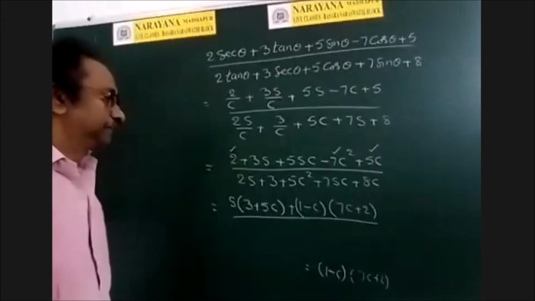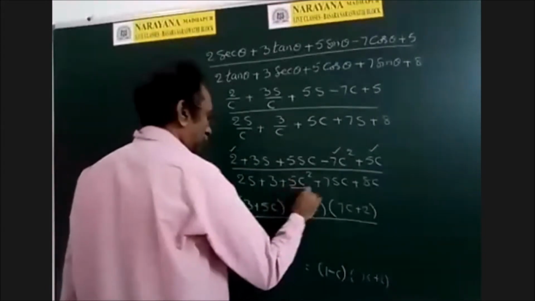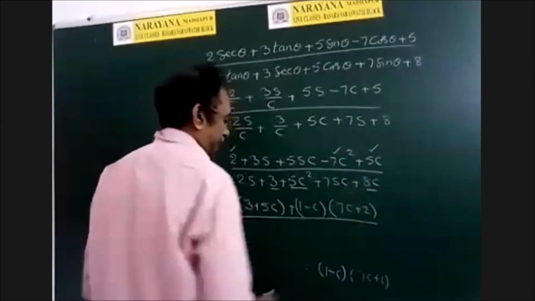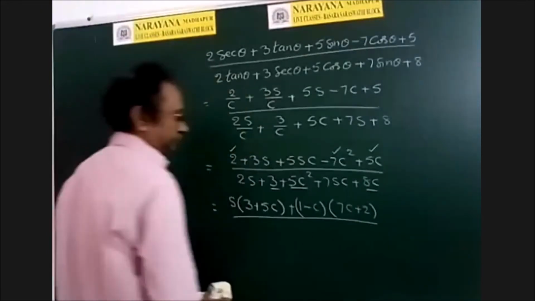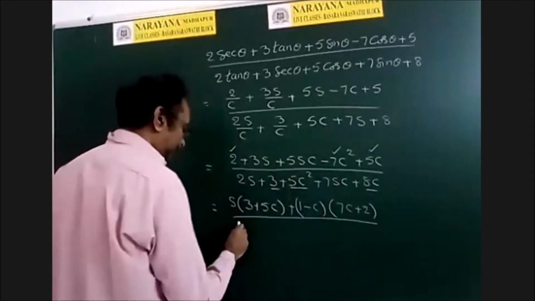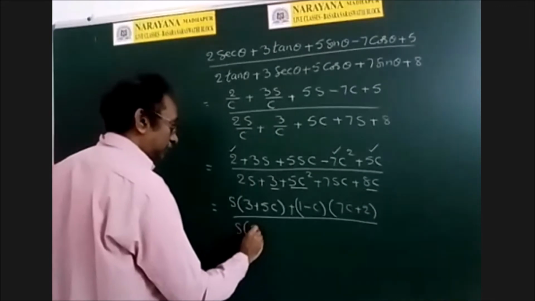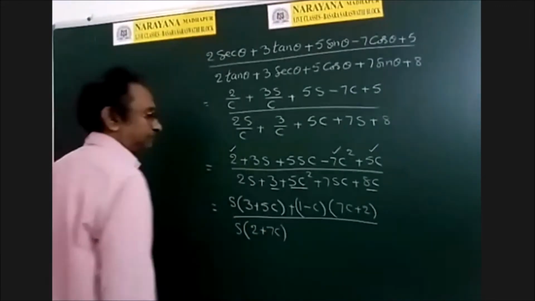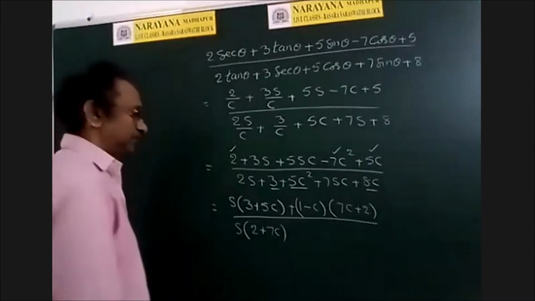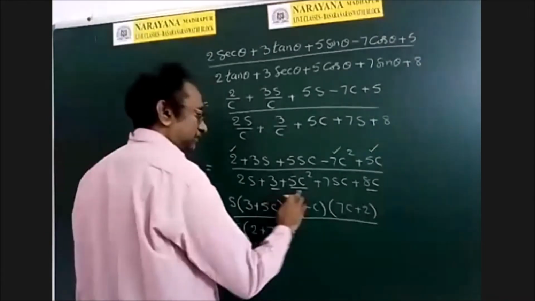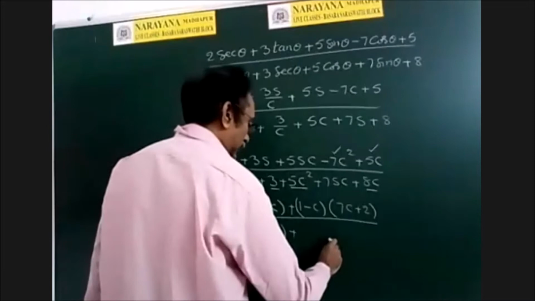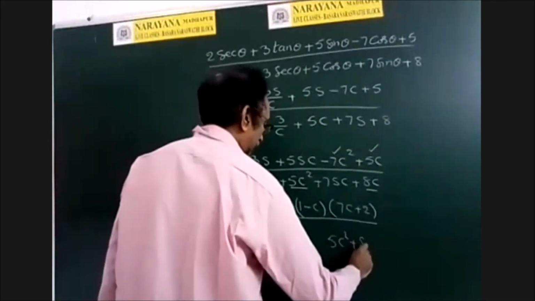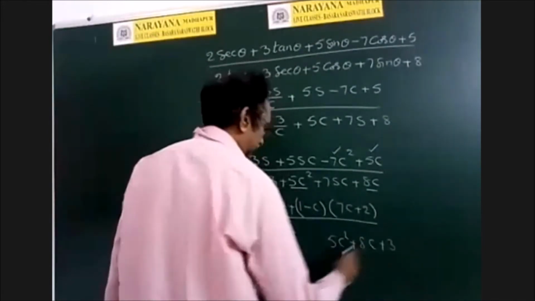Whole by, so here also quadratic in cos is there. In the remaining two terms, if you take sin common, you will get 2 plus 7c. And this quadratic expression, I will do once again, 5c square plus 8c plus 3.